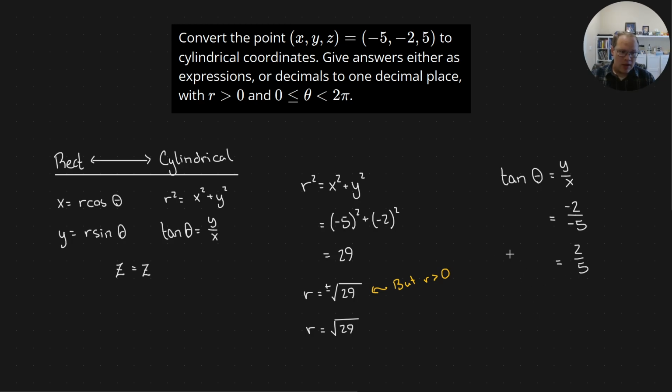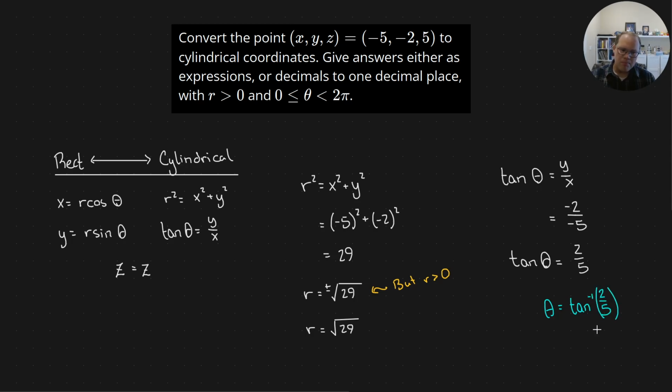Okay? Now that doesn't give me theta, that gives me tangent of theta. So how could I possibly find theta? Well, our initial reaction might be theta would be arctangent of 2/5.